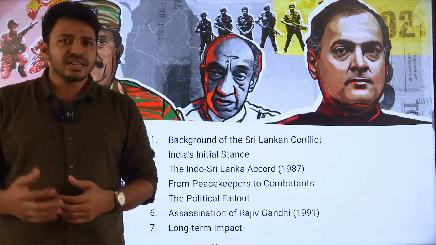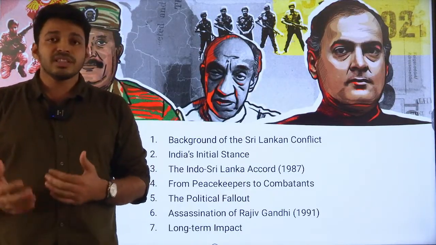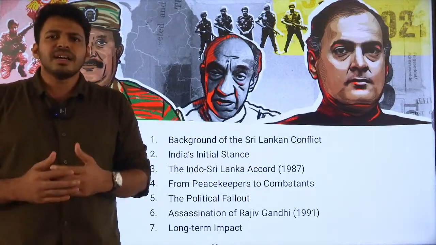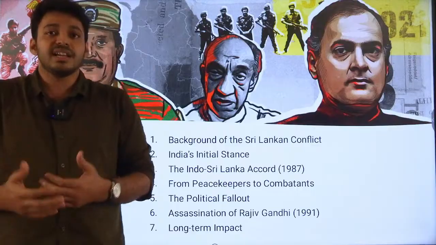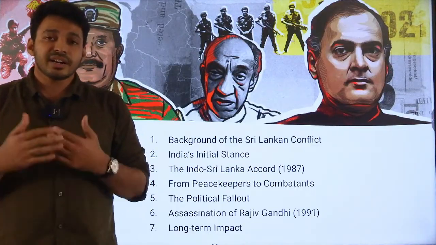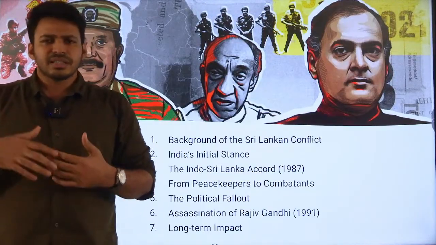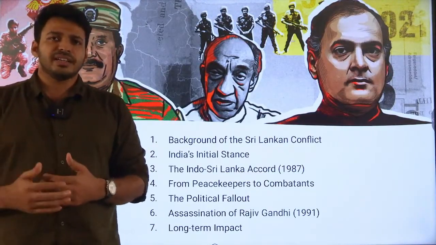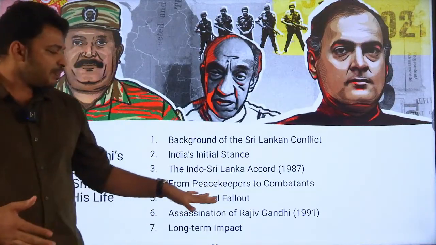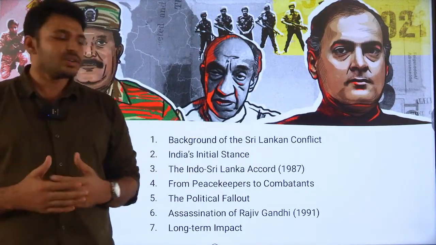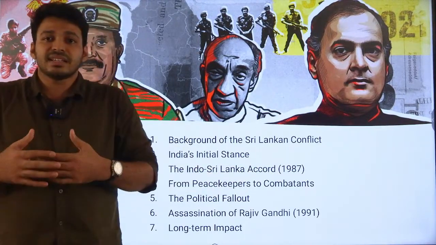India, to an extent, succeeded in combating these rebels, and PLOT surrendered arms, but the LTTE, the Liberation Tigers of Tamil Eelam, were reluctant to surrender their arms. They were not disarmed and continued the fight. So things escalated from peacekeeping into combat.